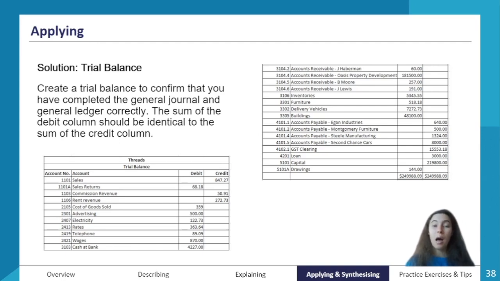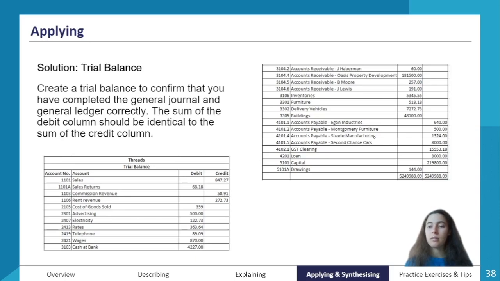So the sum of the debit column should be identical to the sum of the credit column. You can see at the end there, we've got our amounts all added up, and both of them add up to the same figure. Something else to note is making sure that you've only got your 2 decimal places, because you need to have that consistency with cents.